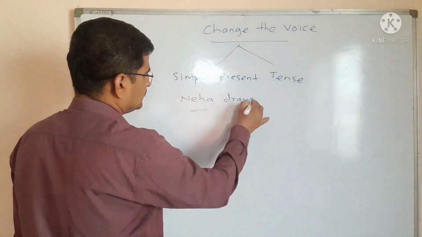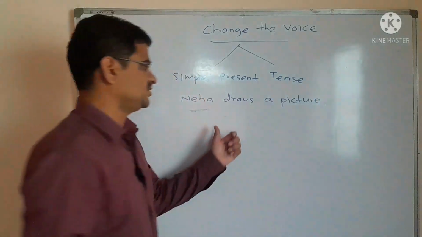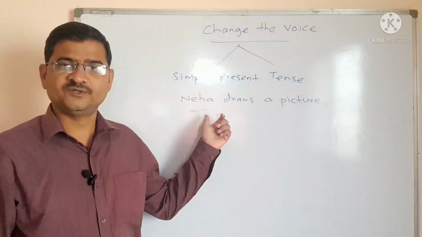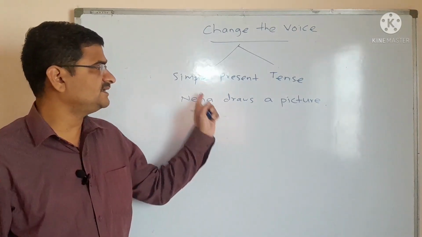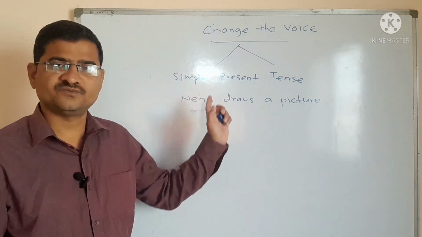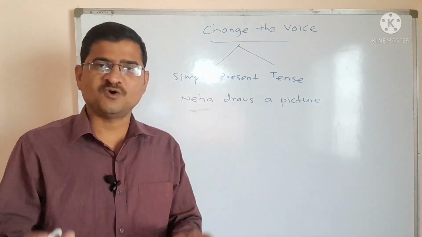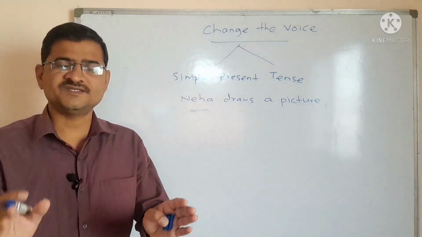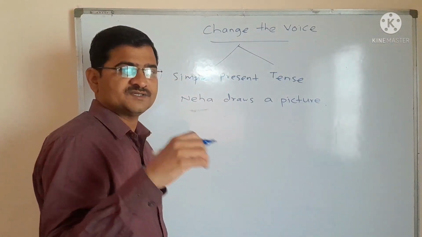Neha draws a picture. Here I told you this is an example of an active voice and this sentence is of simple present tense. So first of all we have to find out an object while transforming this sentence of active voice into the passive one. So the object is a picture.